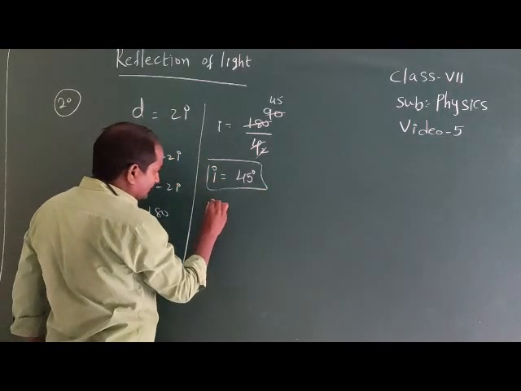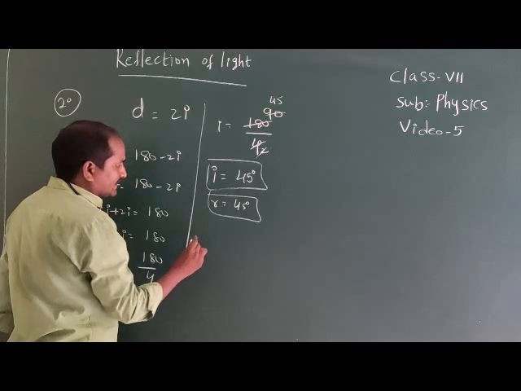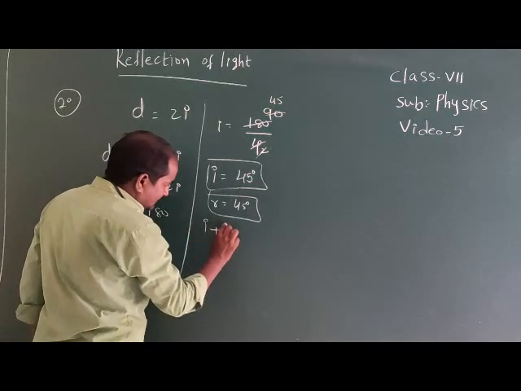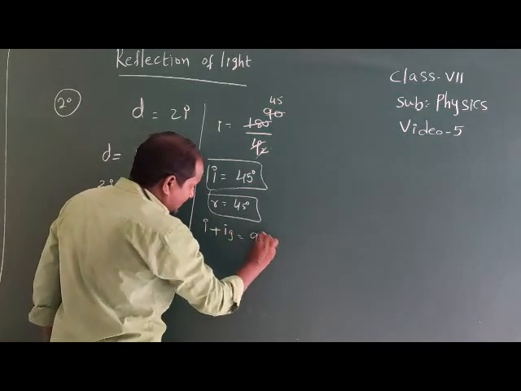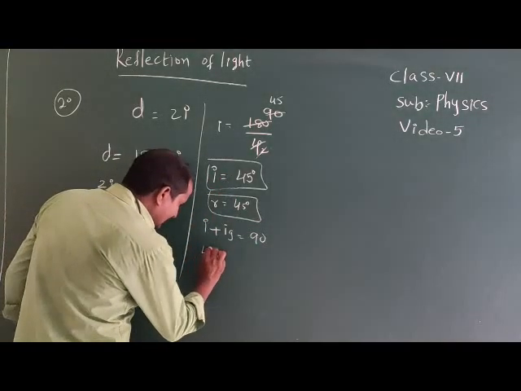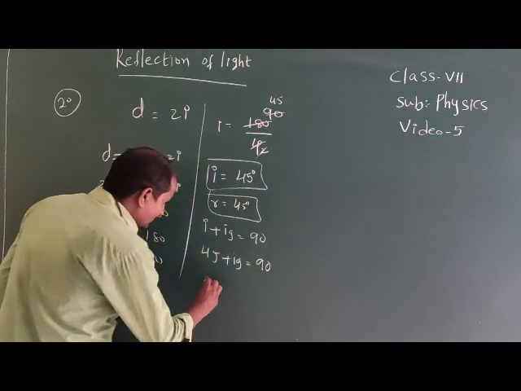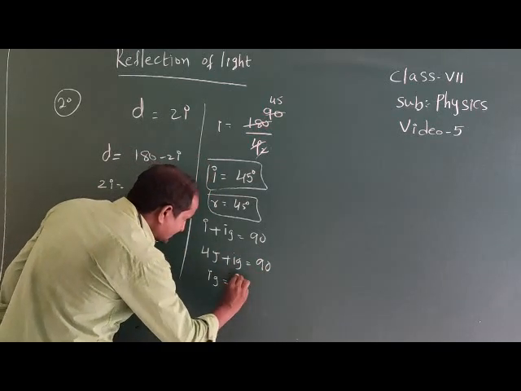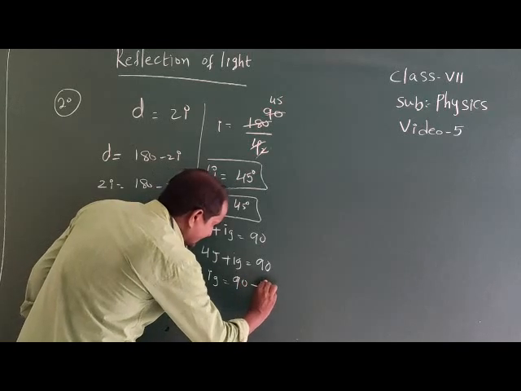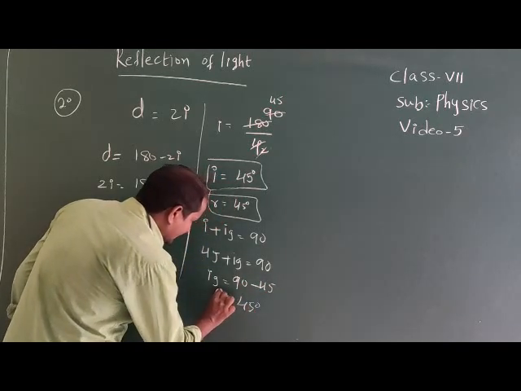Therefore the angle of reflection is also 45. Here i plus r equals 90 degrees, and i equals 45, so r equals 90 minus 45, that is 45 degrees.